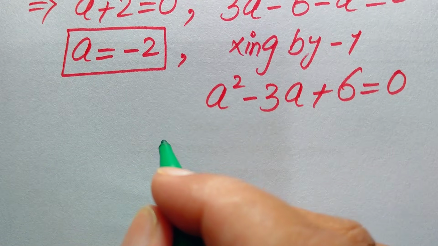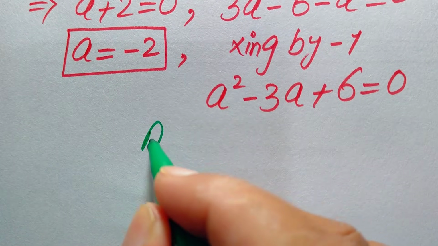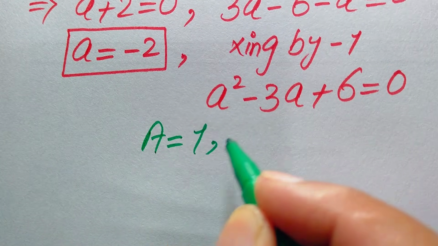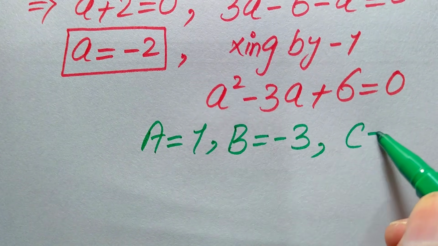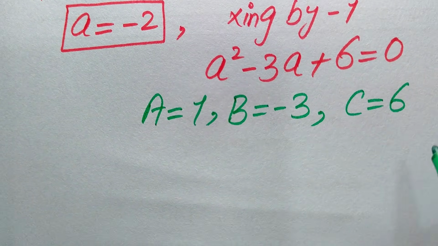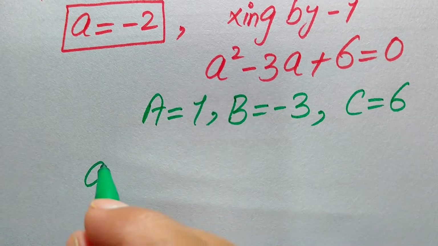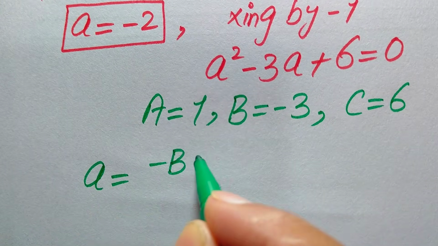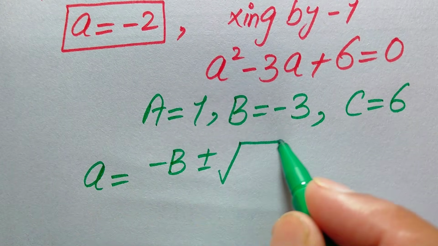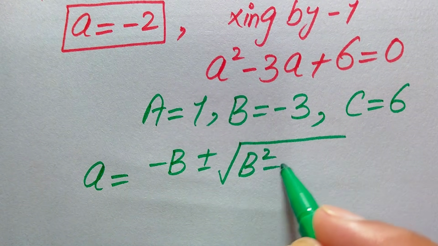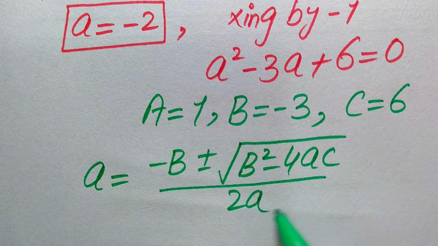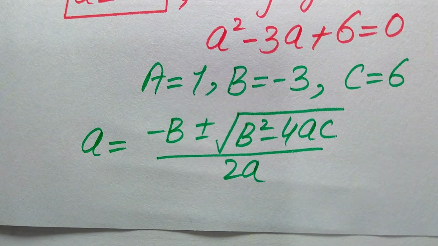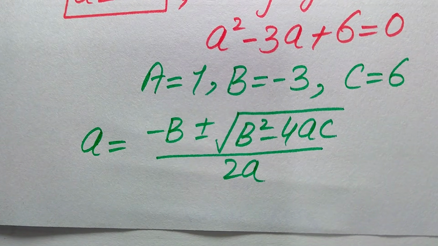First we write the coefficients: a equals 1, b equals minus 3, and c equals 6. And we state the quadratic formula as a equals minus b plus minus square root of b squared minus 4ac, divided by 2a.